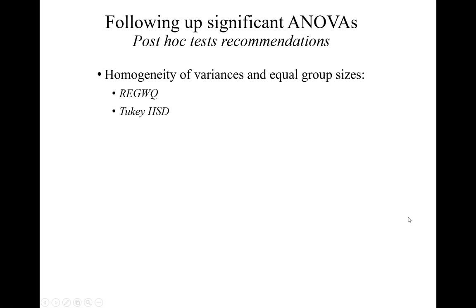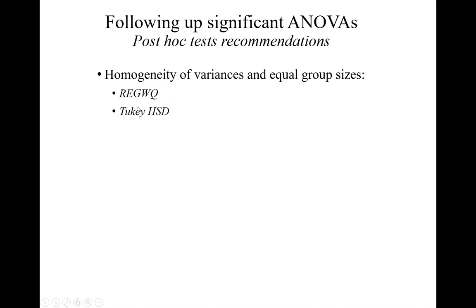Alright, so if you've got homogeneity of variances and equal group sizes, so basically if everything's fine in your data, your assumptions are all good, and you have equal group sizes, then either of these is good. I think Field leans a little bit towards the REGWQ.